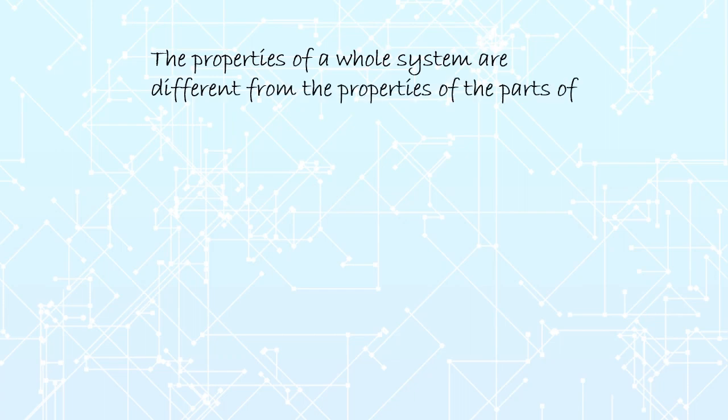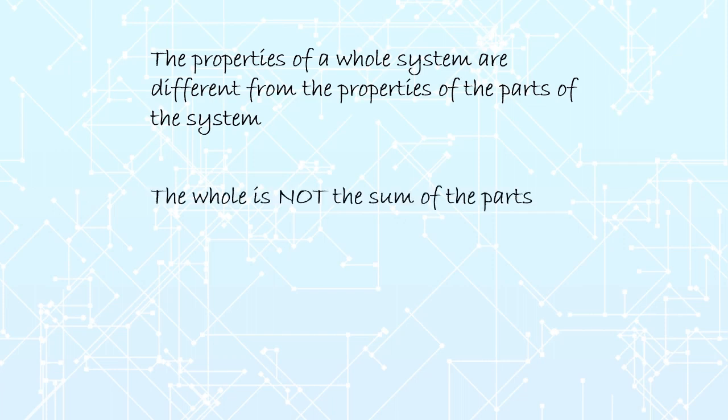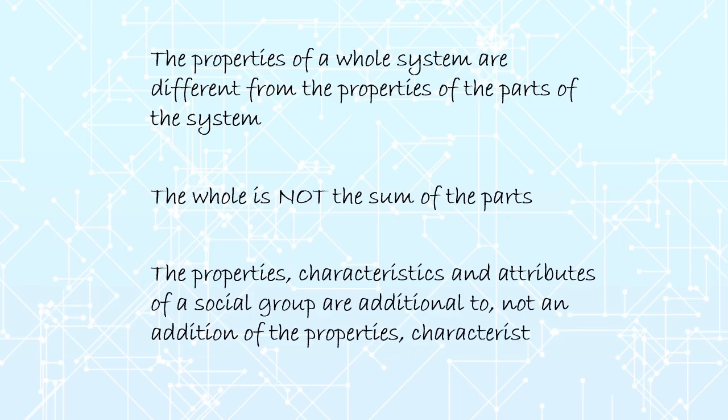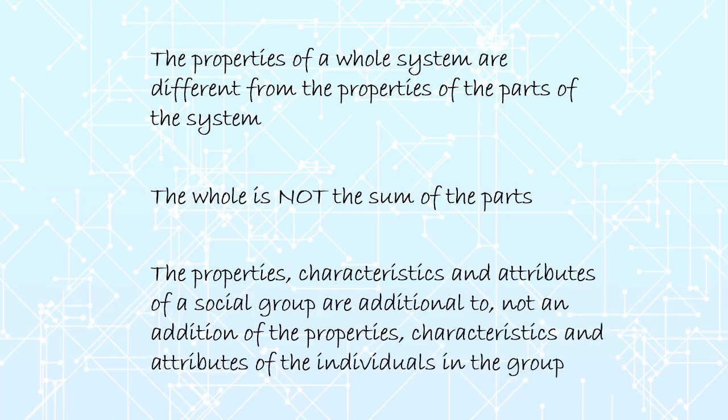What we can take away from this episode is that in general, the properties of a whole system are different from the properties of the parts of the system. The whole is not the sum of the parts. In particular, the properties, characteristics and attributes of a social group are additional to, not an addition of, the properties, characteristics and attributes of the individuals in the group.